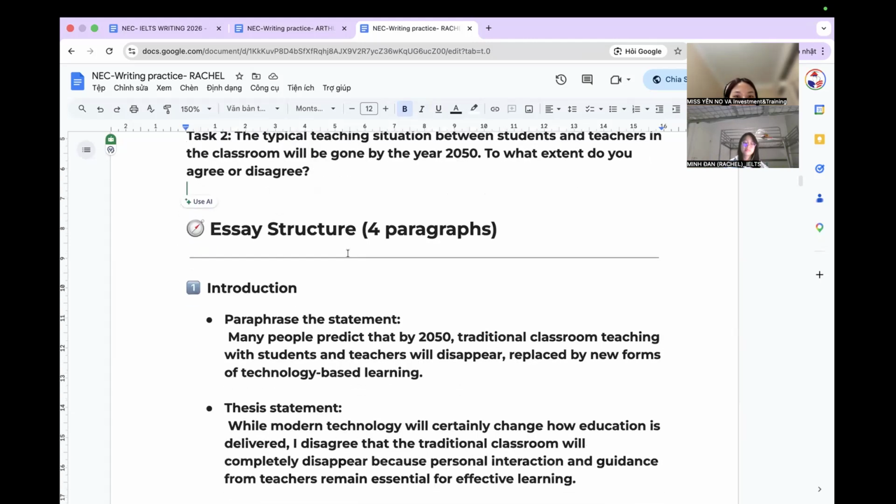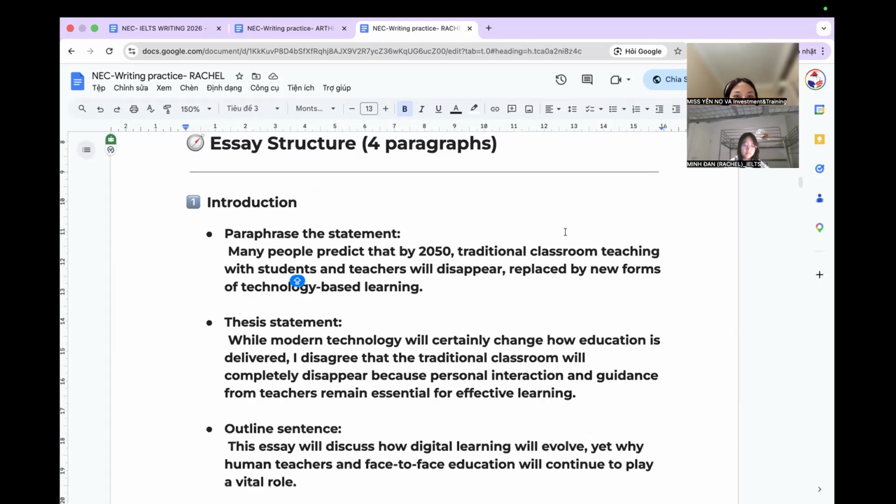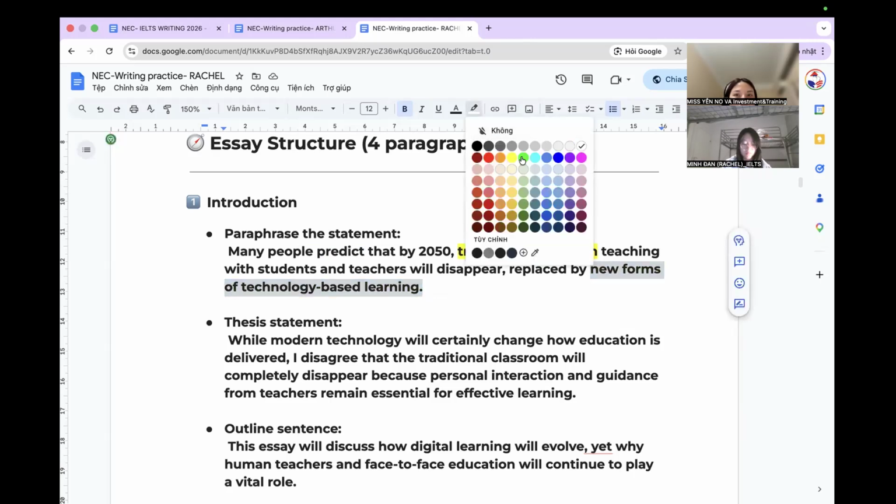So I will start with the introduction like this one. The traditional classroom with student and teacher may disappear, according to some people's prediction. It will be replaced by a new form of technology-based learning, which I can say is digital learning.